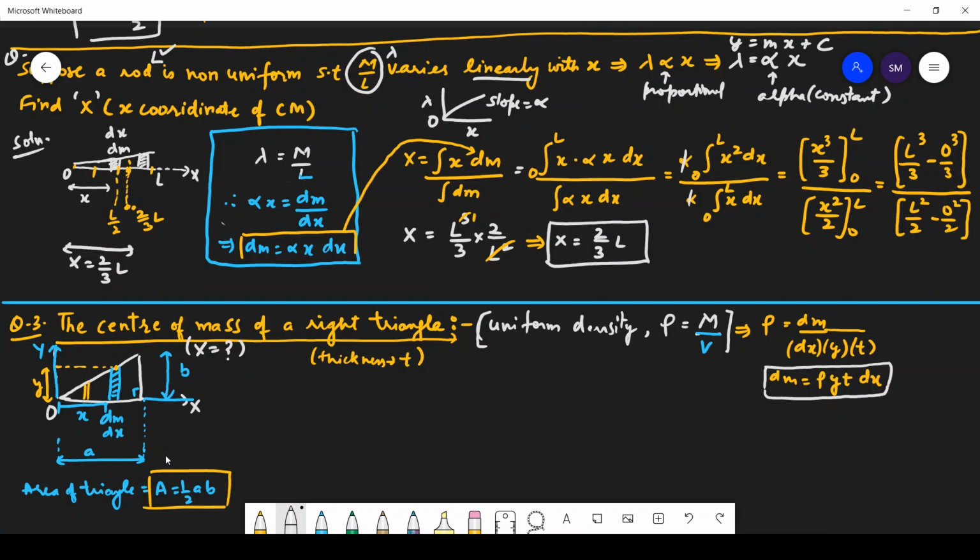But sir, y is also changing. See, that's what I am telling. That's a very good question. Y is also changing, you are absolutely right. But I am finding the x coordinate only. You can assume this is a metal sign.